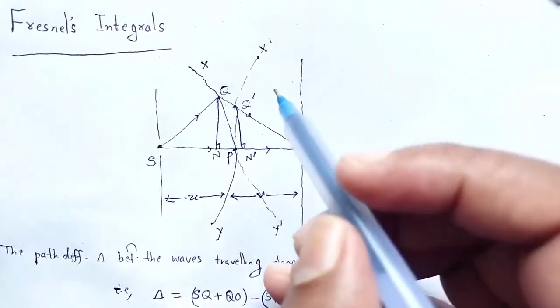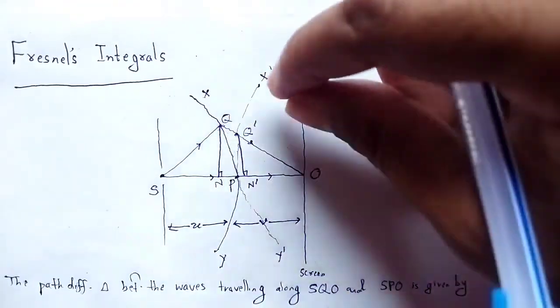Look at the figure. The distance QQ dash is very small.